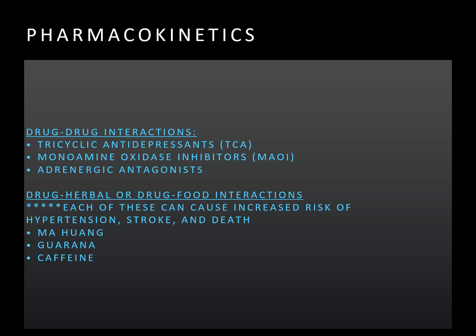Well, what do you think happens if we give a monoamine oxidase inhibitor? If we give that, what we're allowing to happen is that prolonged and increased effect of the sympathetic nervous system. We are allowing more of it. We're not stopping it. So we do this along with the tricyclic antidepressants.